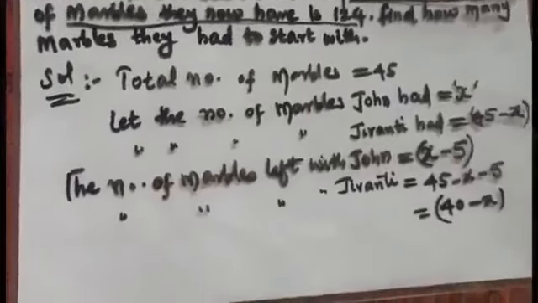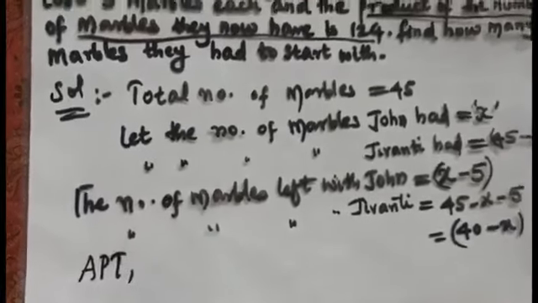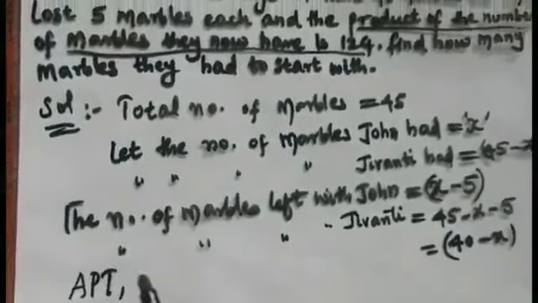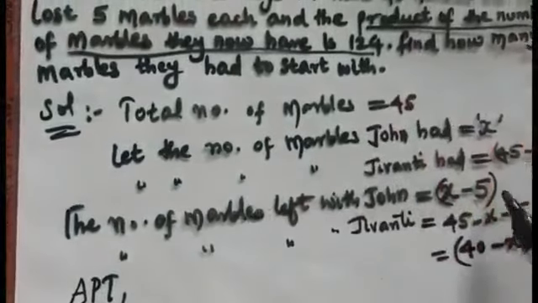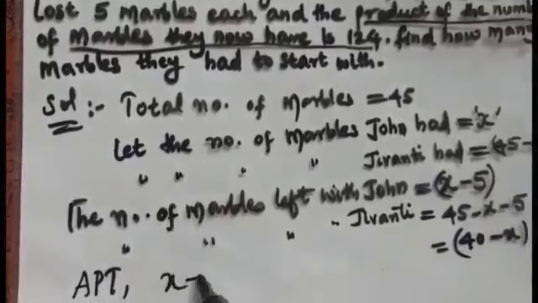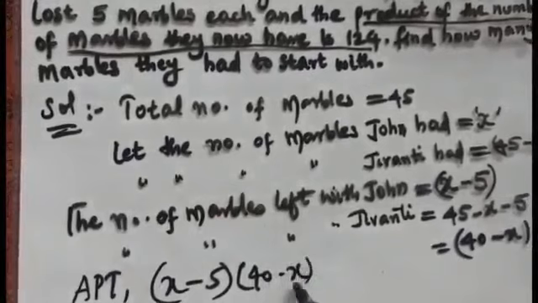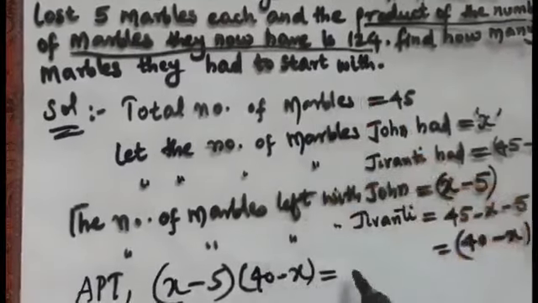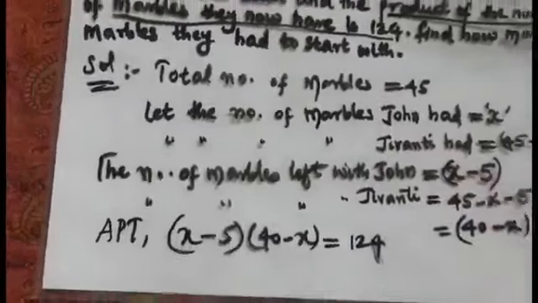As per the question, the product of the number of marbles after losing is 124. The product means multiplication, so I am writing in brackets (X minus 5)(40 minus X) equals 124.